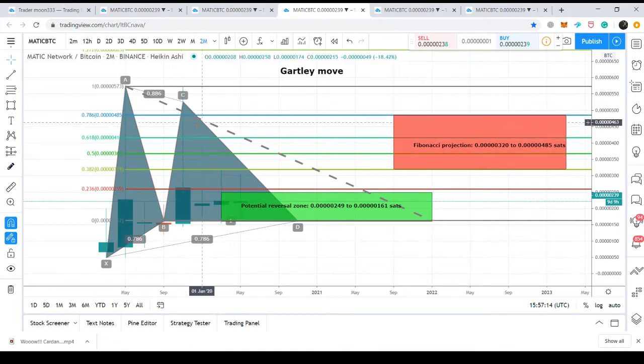And now after that we have the retracement from 0.618 up to the 0.786 Fibonacci retracement level. And as per the Fibonacci sequence, the price action is supposed to move up to this level, that is 0.382 to 0.786 Fibonacci projection of the C to D leg.